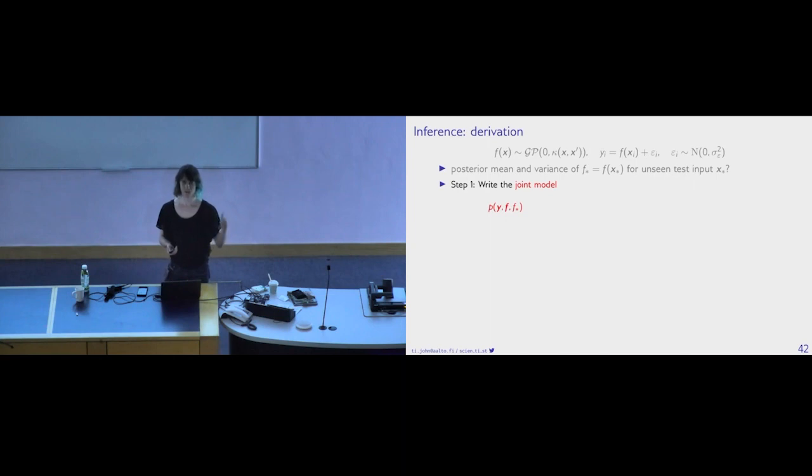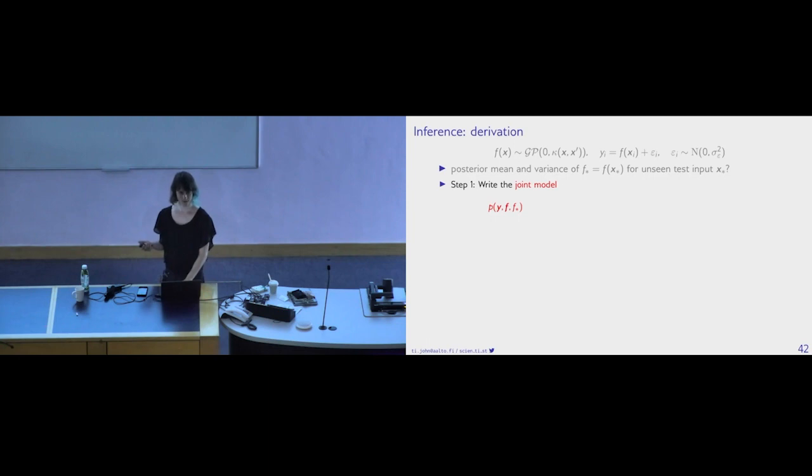So step 1, we write the joint model. The joint model is just the joint probability distribution of all the things that there are. So there's the vector of observations y. Then there's the vector of latent function values f at where we measured the y. And then the third one is f star, that's f at where we want to predict.